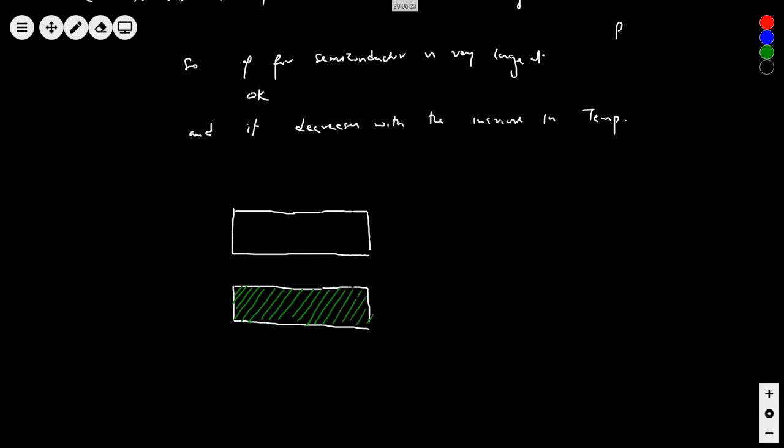This is the filled valence band, and this is the empty conduction band. I'll show the empty conduction band with a different color, blue.